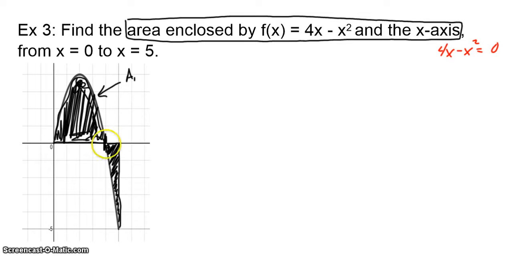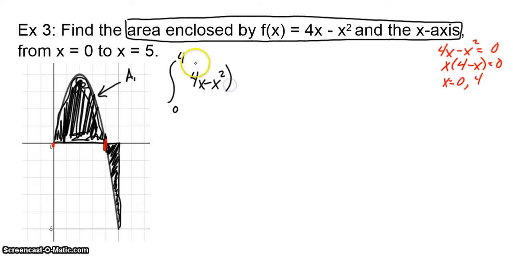That's all, because that's on the x-axis. Ah, 0 and 4. That's nice. So this first area is from 0 to 4 of what? 4x minus x squared dx. Now I'm just going to do it in one line here.